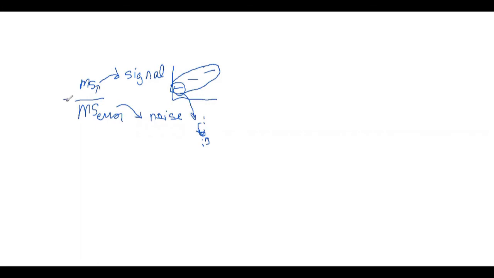And we call this ratio the F. So F equals the signal to noise ratio, or the mean square treatment over the mean square error. And this F test is when we determine if it's significant or not.